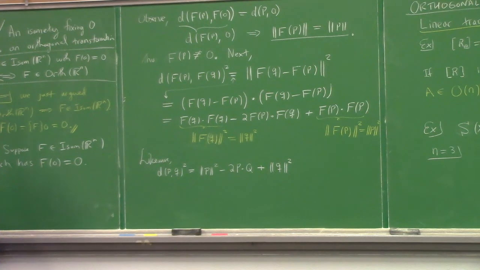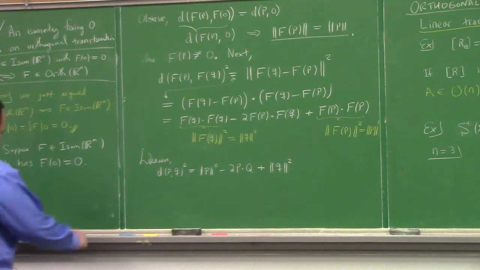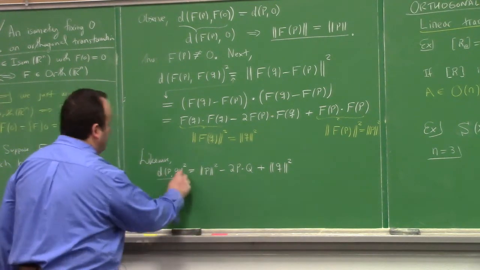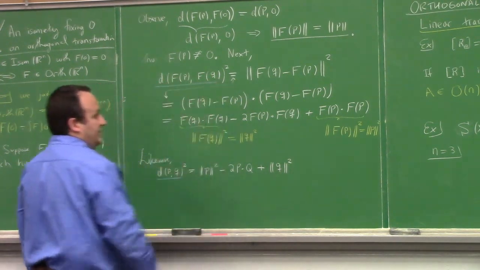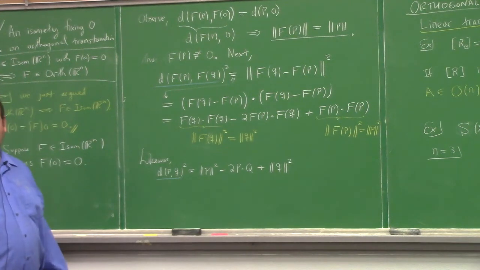By the same calculation, without f, we get that. But these are equal. See, this and this have to match up because it's an isometry, right?